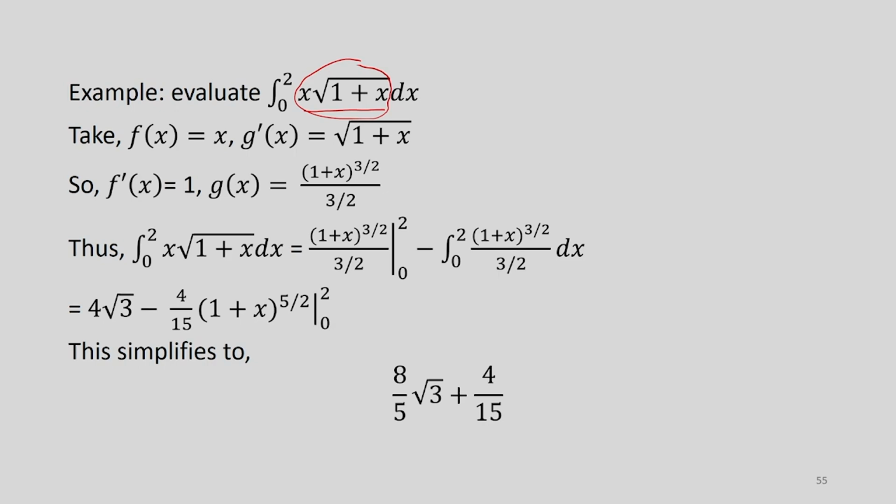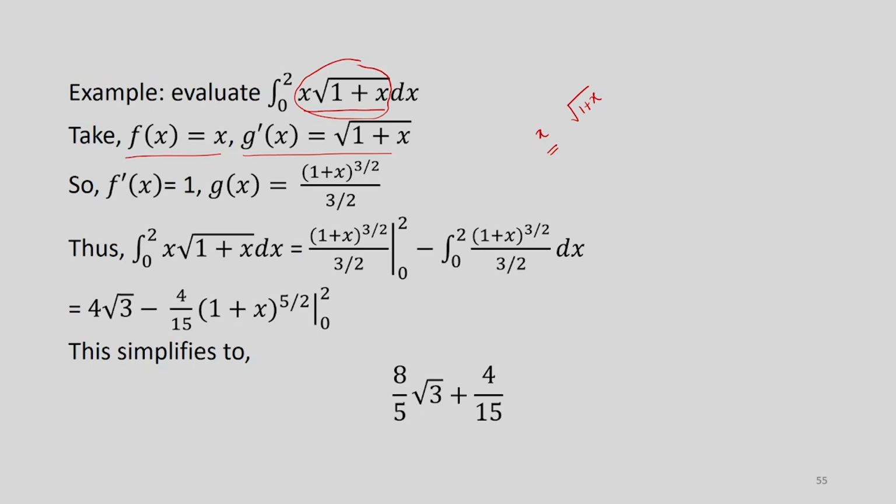Now, out of x and root over 1 plus x, which one becomes simpler after differentiation? It is obviously the x, because if you differentiate x, it becomes 1. So, that is what I have done here. Suppose f x, the first function, is x, and g prime x, the second function, is equal to root over 1 plus x.